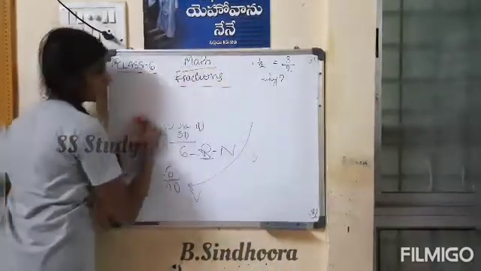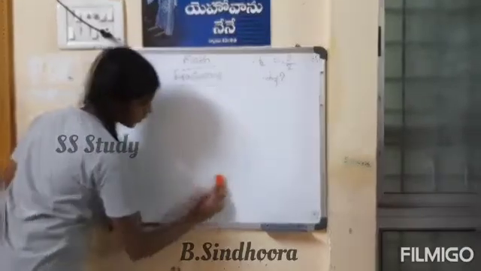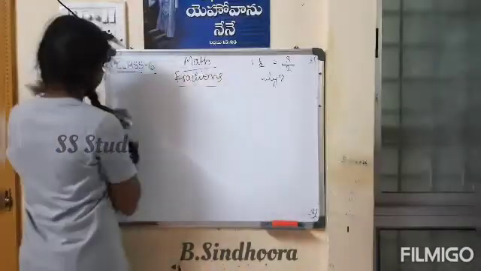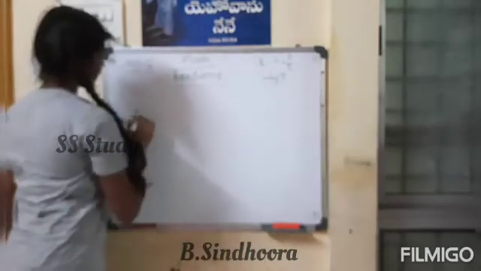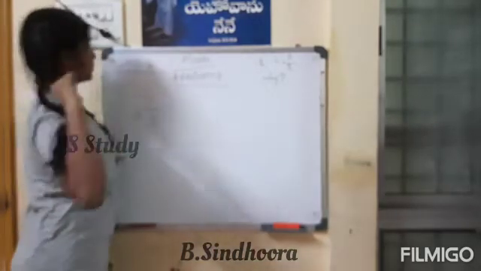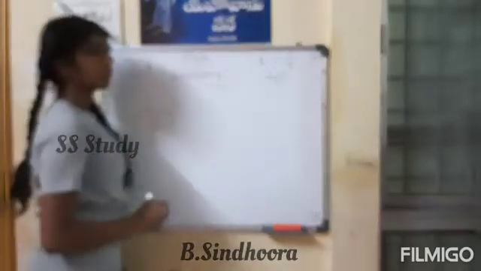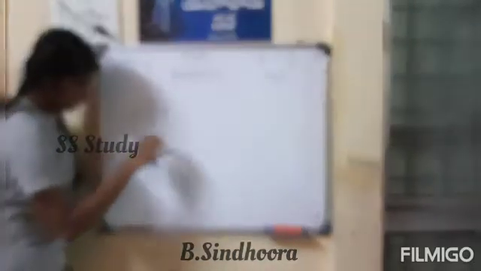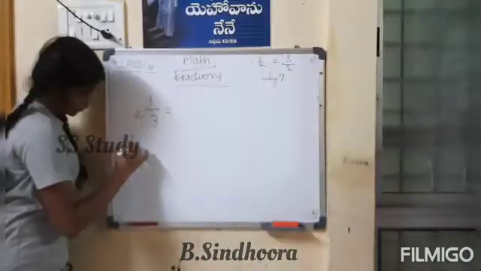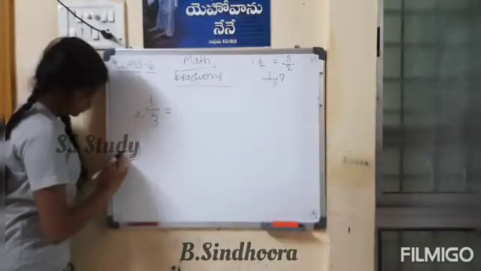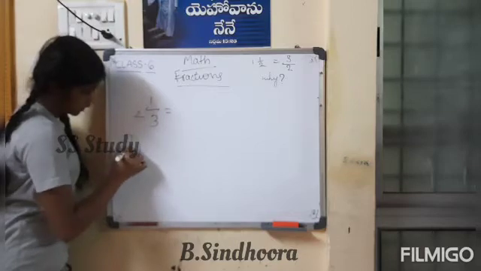So now, if I take 2 1 by 3 to convert, let's first draw the diagram. Three means you need to draw this diagram like this.